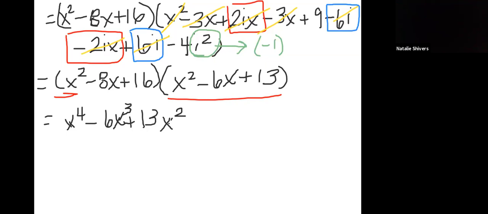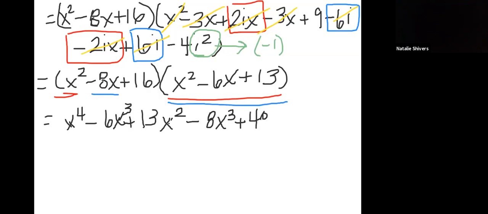There we go. Then I'm going to take negative 8x and multiply it by the back. So I get negative 8x cubed, plus, sorry, 48x squared, and then minus 104x.